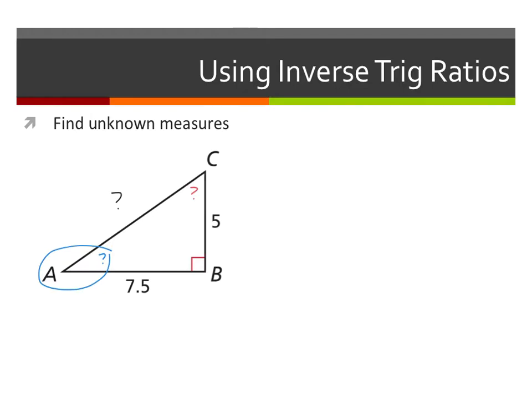The measure of angle A, let's see, if you take some sort of trig ratio, it's going to be comparing 5 and 7.5, just because we know those measures. Well, if you look at it from A, 5 is the opposite and 7.5 is the adjacent, isn't it?